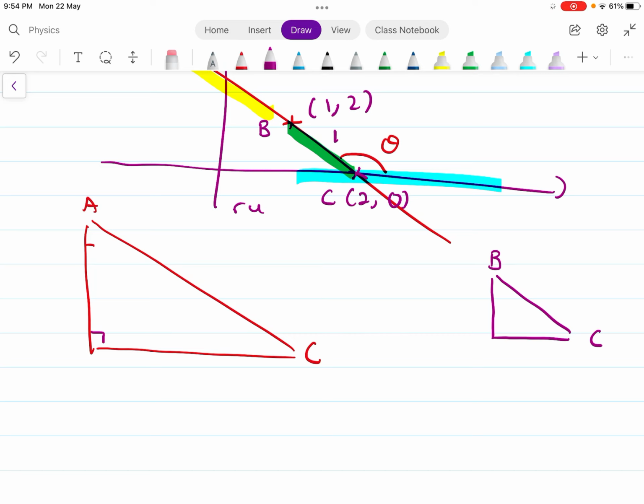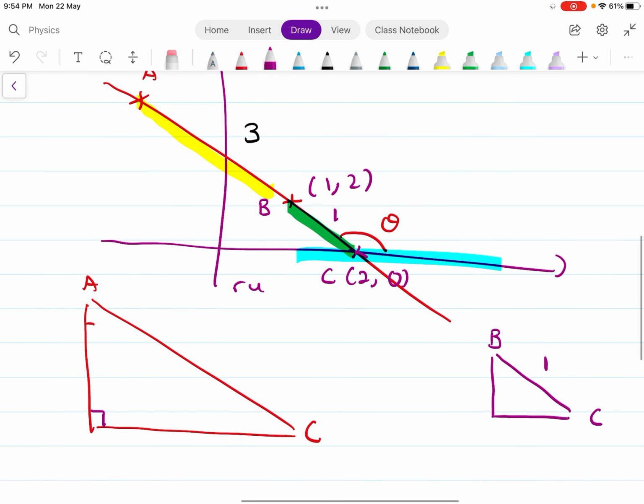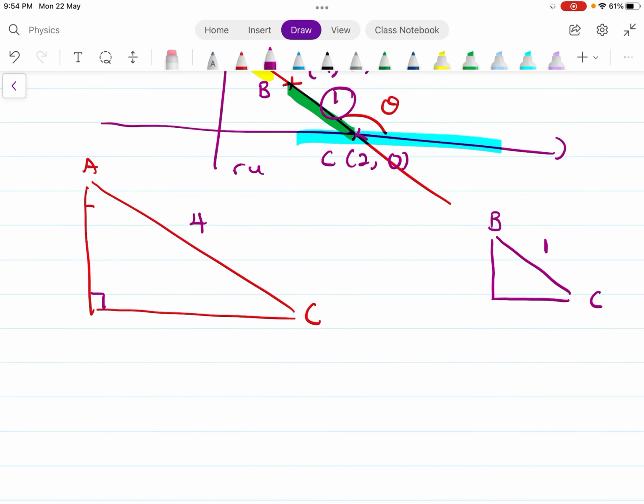So these are the two similar triangles. Based on this idea, we know that BC is 1 in terms of the ratio. Then AC is 3 plus 1, because 3 and 1, so this is 4 units. So I can safely say that my small triangle is 1/4 the size of your big triangle. So let's write down.